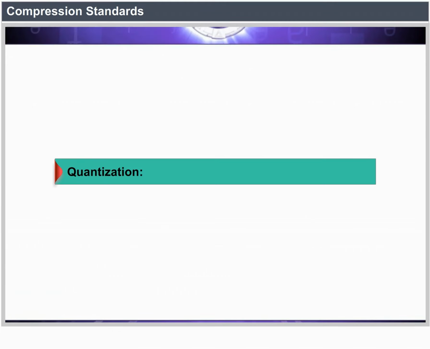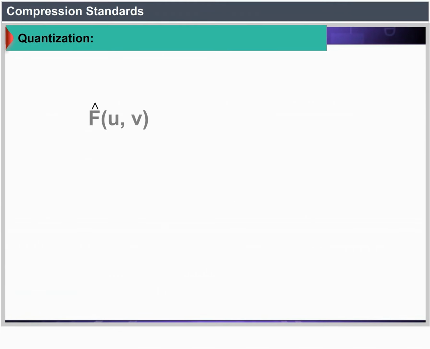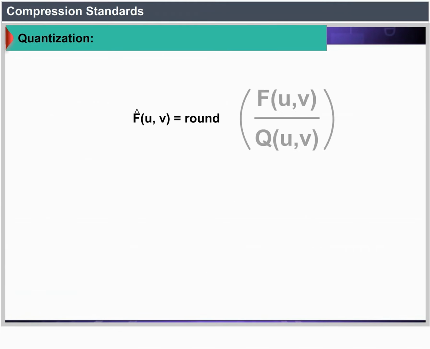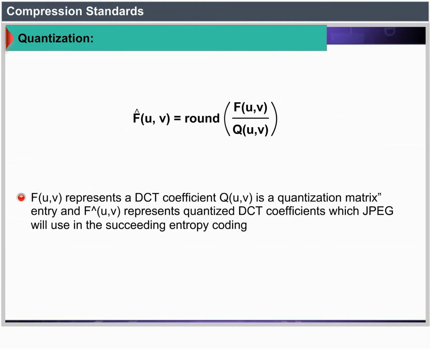Quantization. The quantization equation can now be seen on the screen. F(u, v) represents the DCT coefficient, Q(u, v) is a quantization matrix entry, and F cap(u, v) represents a quantized DCT coefficient, which JPEG will use in the succeeding entropy coding.